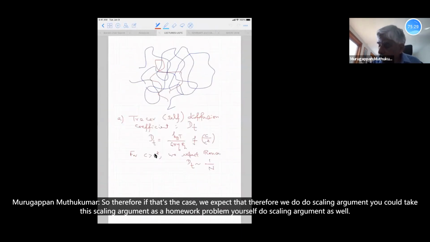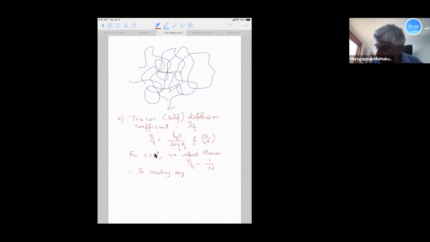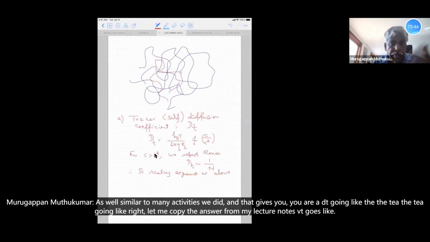Therefore, we do a scaling argument. You could take this scaling argument as a homework problem yourself, similar to many exercises we did, and that gives you your DT. Let me copy the answer from my lecture notes.